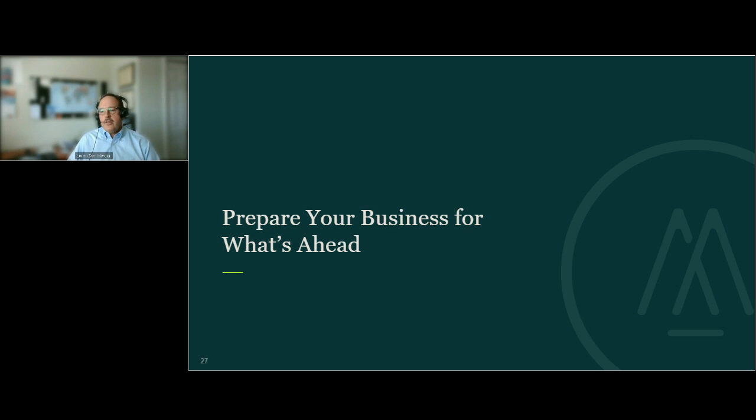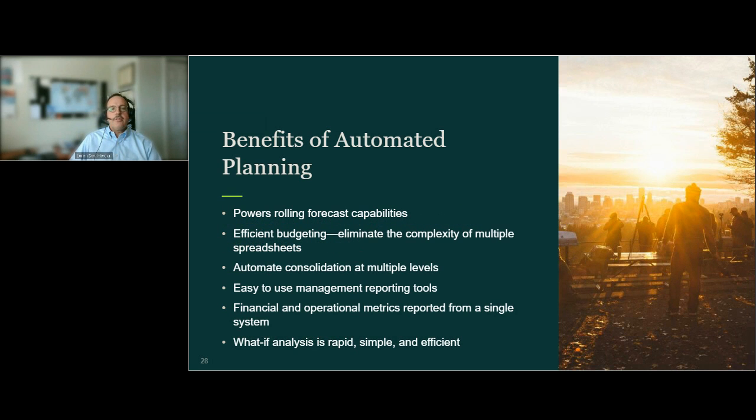So now let's just take a minute here and look ahead, with what this can lead to in your business. So, just some of the benefits of automating your planning process, and this automation is really what ends up igniting your financial plans as they move forward. This automation powers the rolling forecast capabilities.